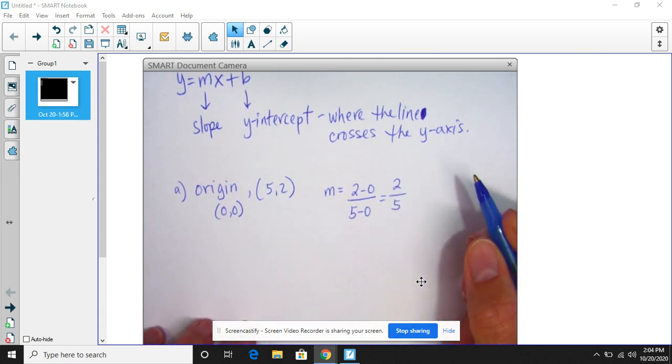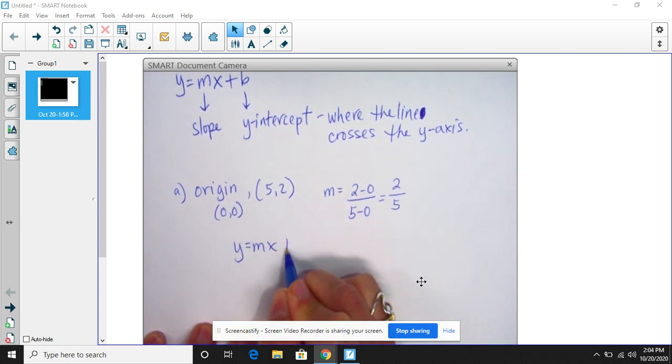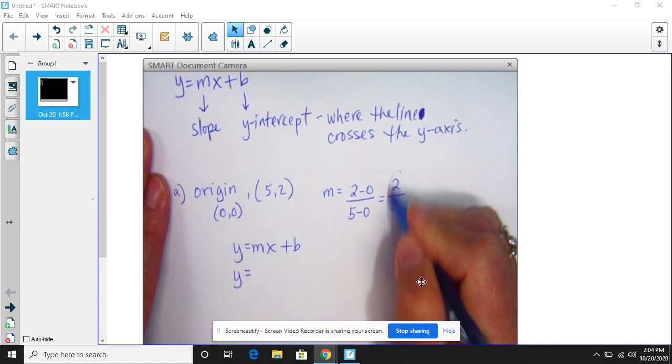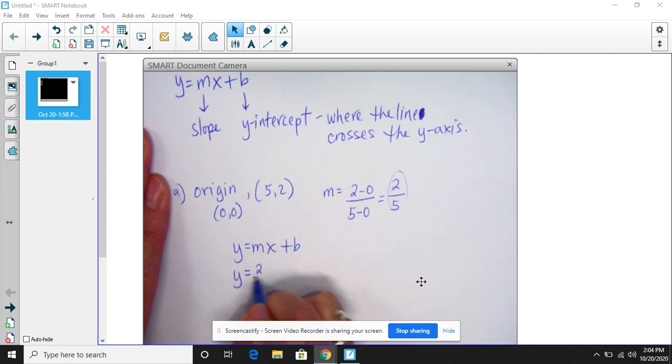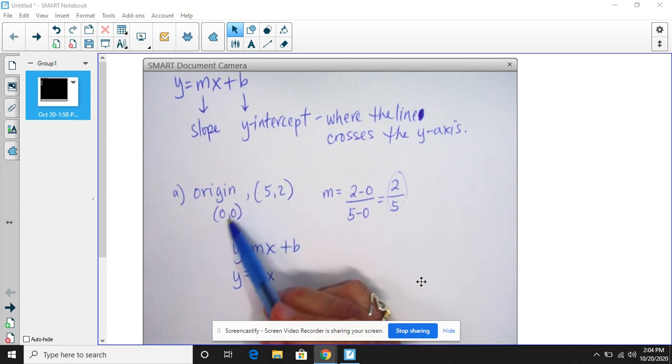Okay, so when we are writing this equation in slope-intercept form, which again is y equals mx plus b, I'm going to start with y, and instead of writing the letter m, I'm going to write what m is. It's 2/5. Put the x beside it, and then in the place of the b would go our y-intercept. Our y-intercept is 0, 0.